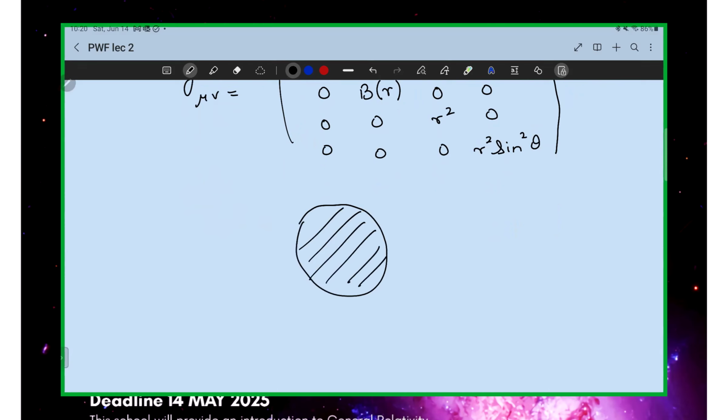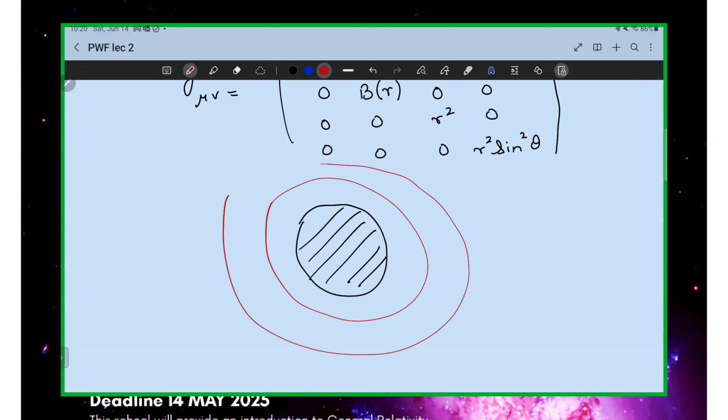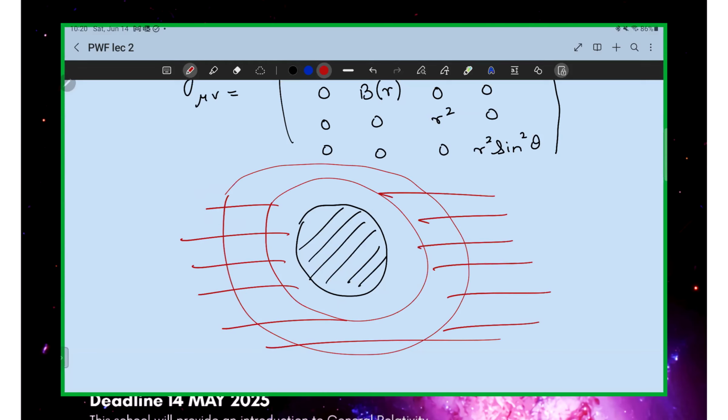And when we are solving for the metric tensor, we are solving for the area outside the black hole or whatever body that you are talking about. In this area, there is no mass, there is no momentum, there is no pressure, nothing. So the stress tensor is zero.